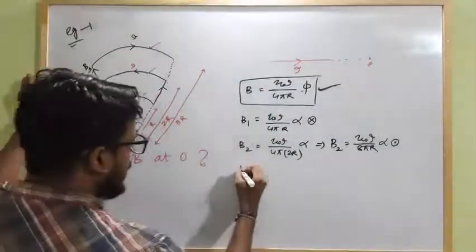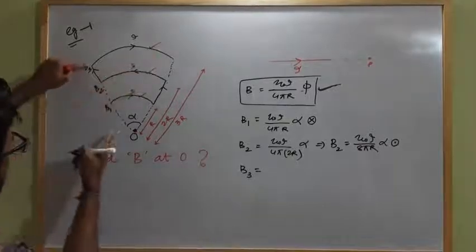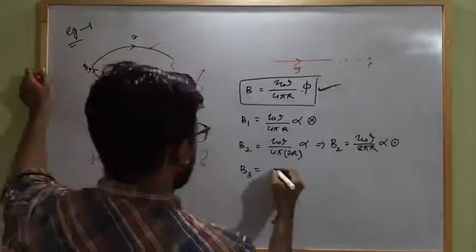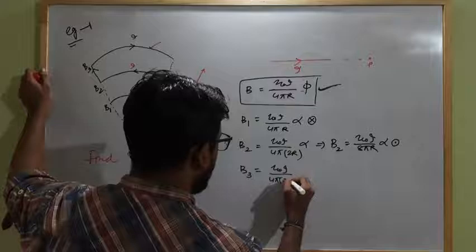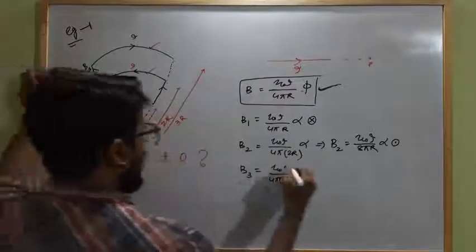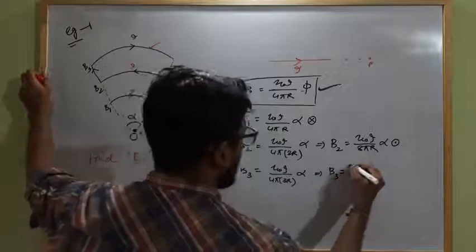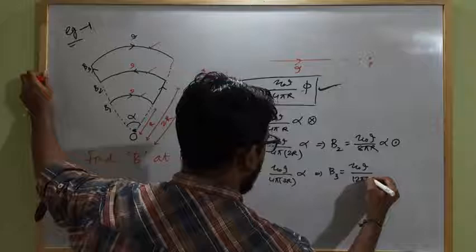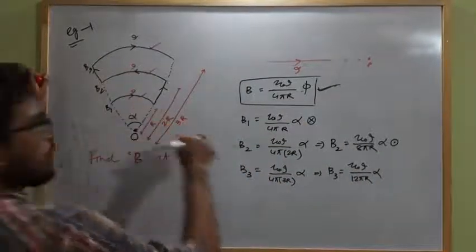Clear? Similarly B3: for this segment the radius is from this to this, now it will be 3r, and the same current flows through all the segments, so mu naught I divided by 4 pi into 3r, angle again alpha. So B3 will become mu naught I divided by 4 into 3, 12 pi r, alpha. Direction: again it is in clockwise direction, so inward.